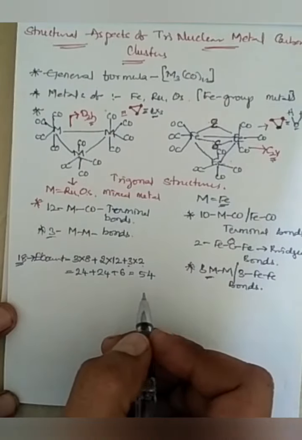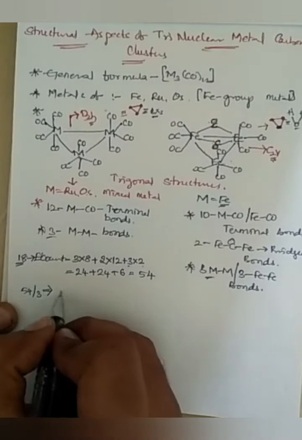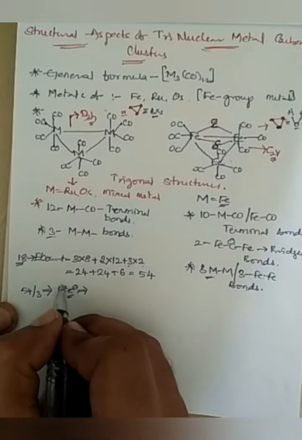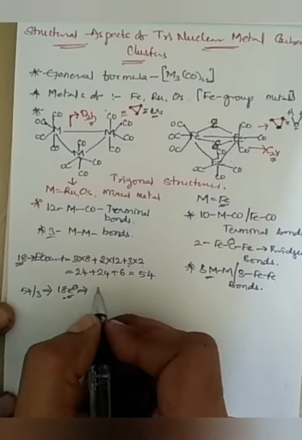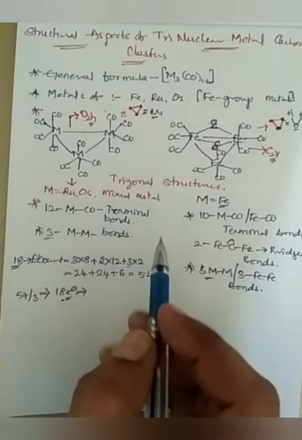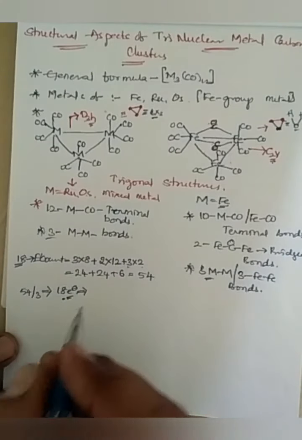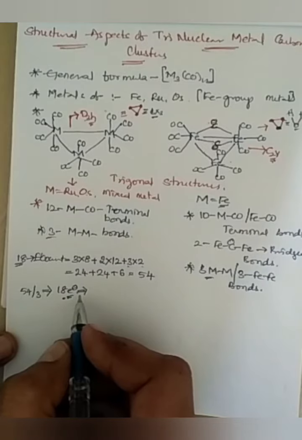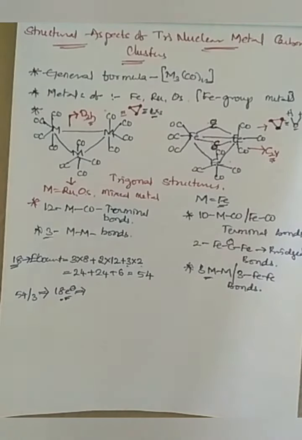So 54 divided by 3 equals 18 electrons, right? It says that each metal has 18 electron density, so it obeys the 18 electron rule, having stability with respect to the 18 electron rule. That is how the 18 electron rule applies in trinuclear metal carbonyl clusters.